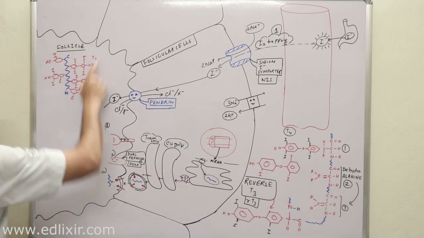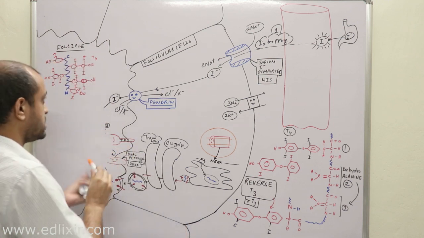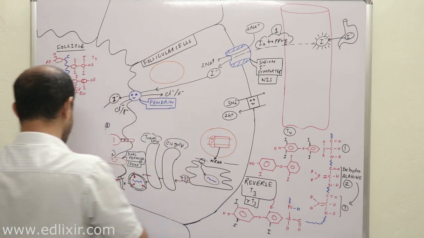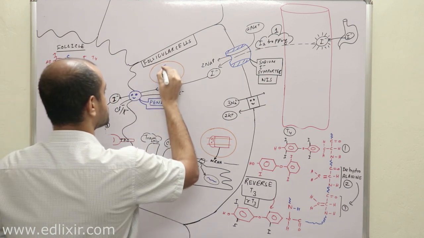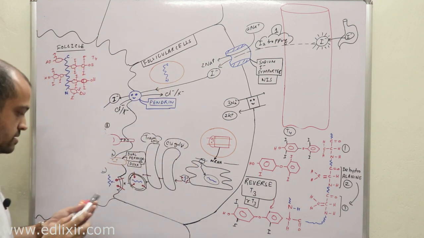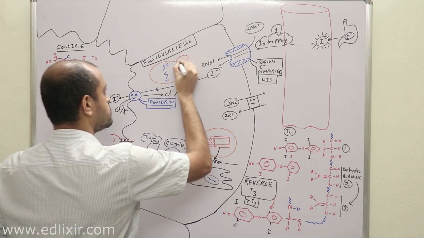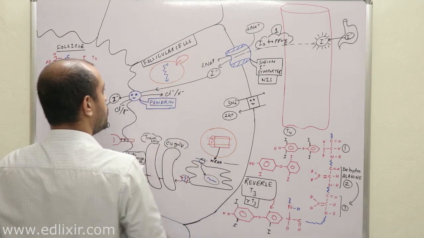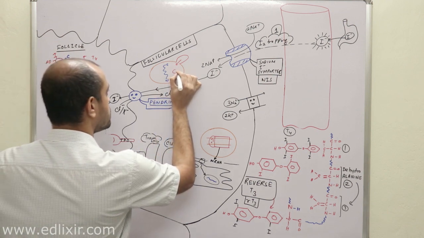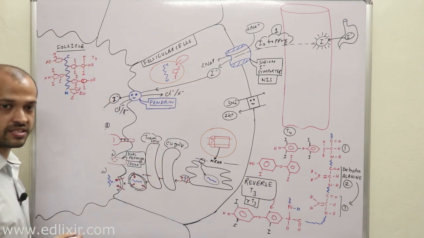Now listen, when this whole thing is taken up, they are taken up by lysosome. Now listen, they are acted upon by lysosome. Suppose this is a non-conjugated benzene ring having two iodines.